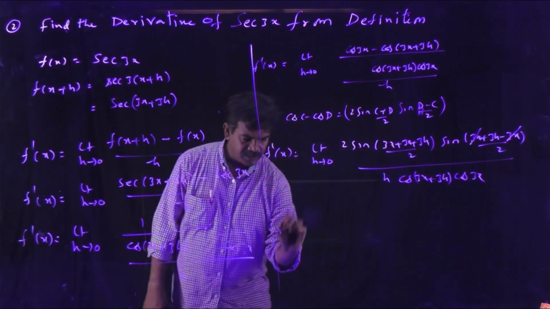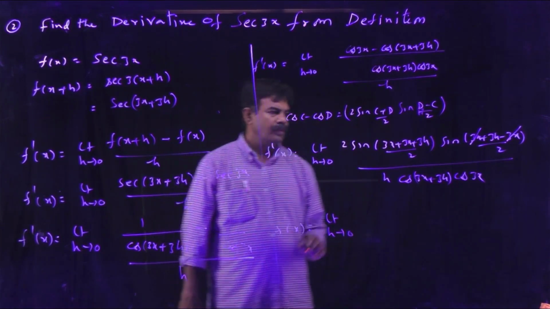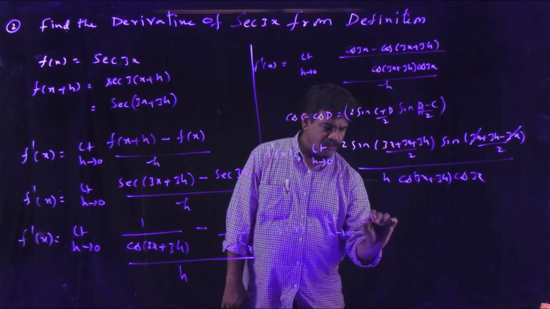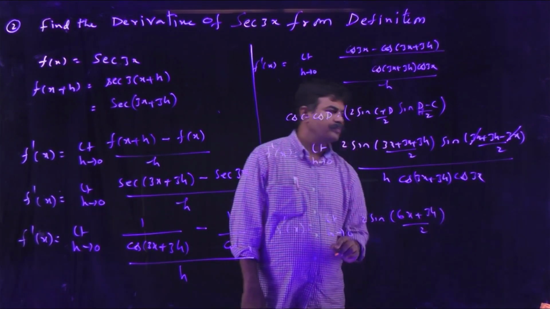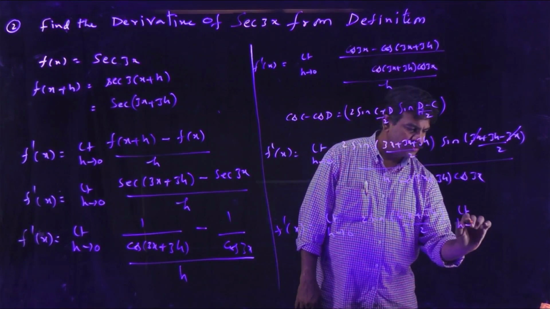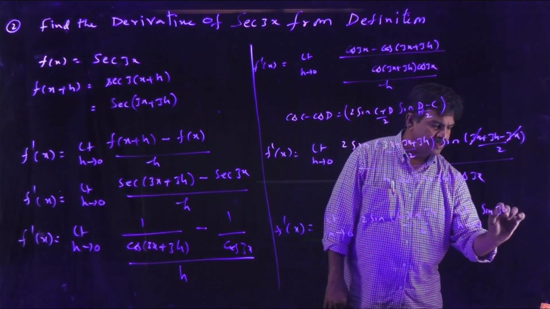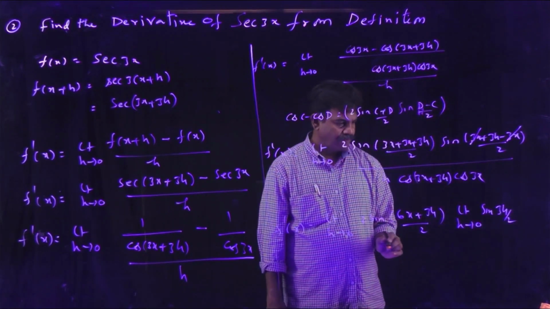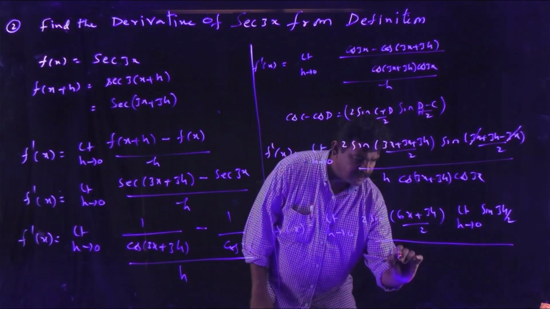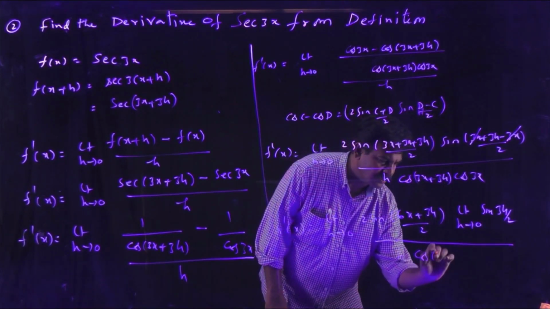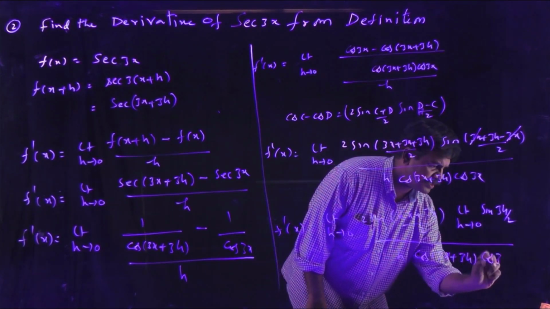It is f dash x is equal to limit h tends to 0 2 into sin of 6x plus 3h by 2 into limit h tends to 0 sin 3h by 2 by h into cos of 3x plus 3h into cos 3x.